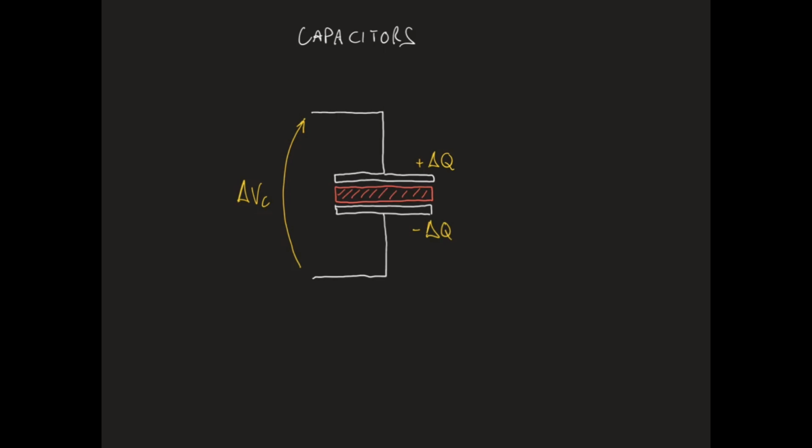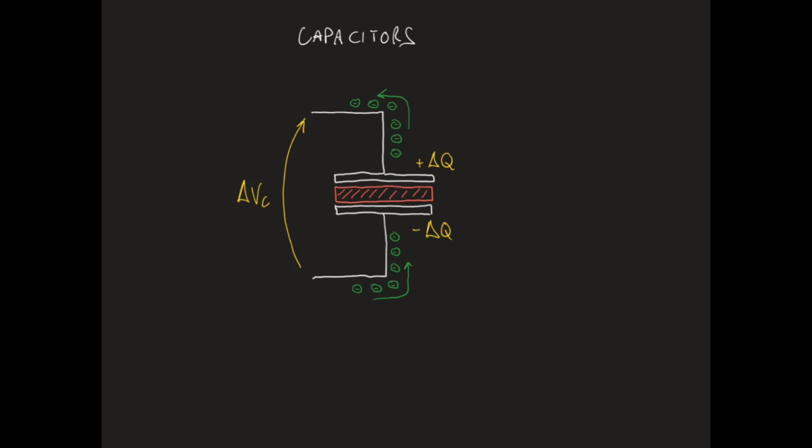This change in the amount of charge on the two plates is due to the fact that as a consequence of the change in Vc, we will have a certain number of electrons leaving the top plate and the same amount of electrons moving towards the bottom plate. Moving charge is actually a current.